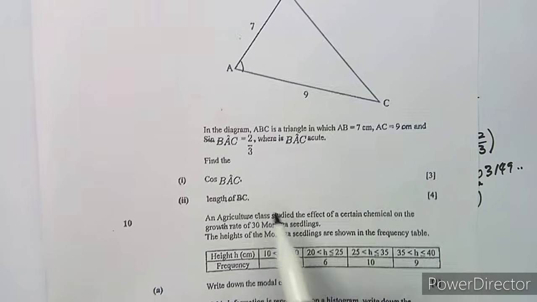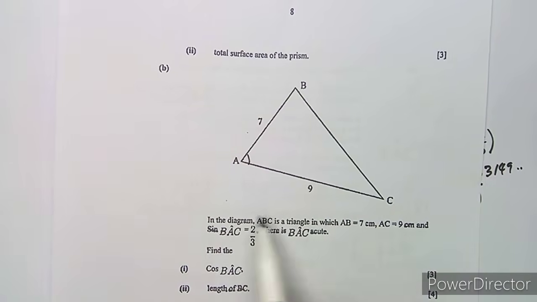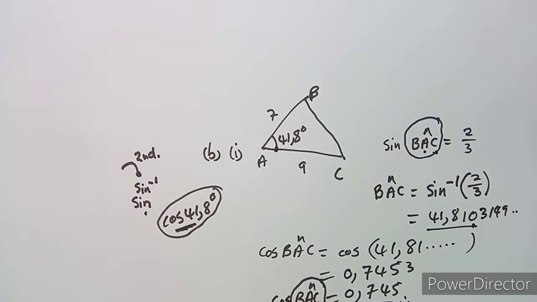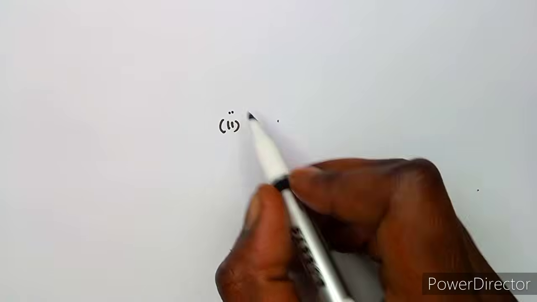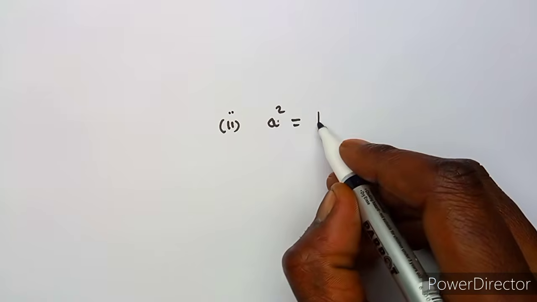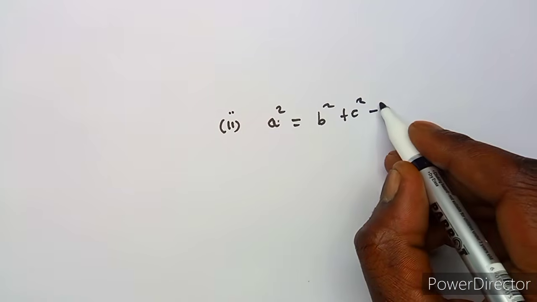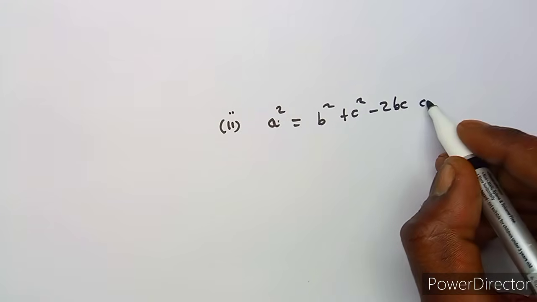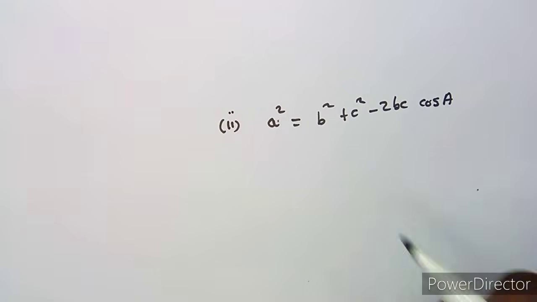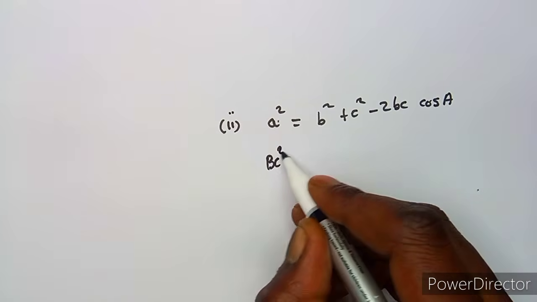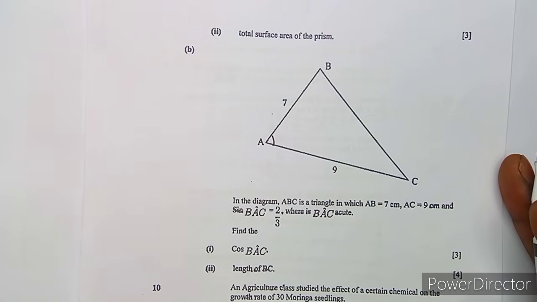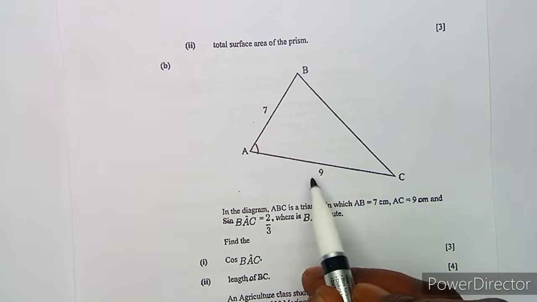Then the length of BC, so definitely we can apply our cosine rule because we are given two sides and an included angle. We want to calculate the third side. So remember your cosine rule. To find the third side, a squared is equal to b squared plus c squared minus 2bc cos A. We want to calculate BC, so it is going to be BC squared, which is equal to B and C. These are the sides which are creating the angle that we are talking about, which is 7 and 9.